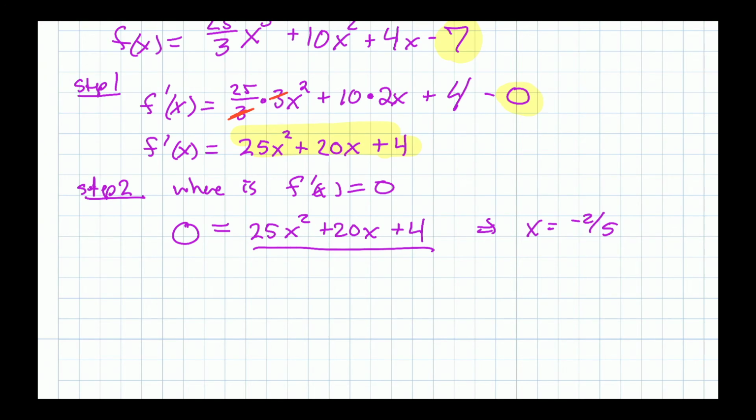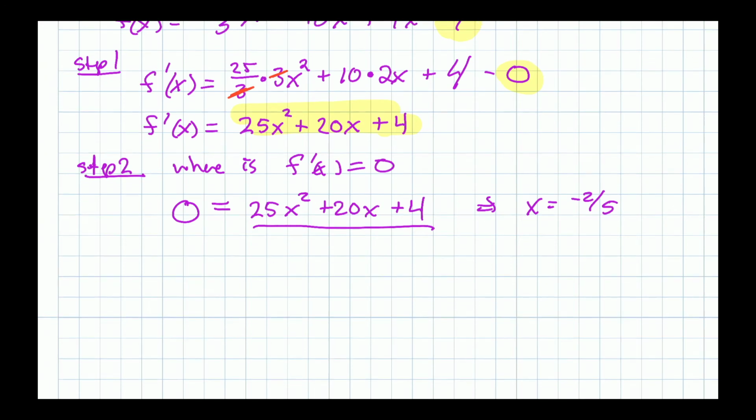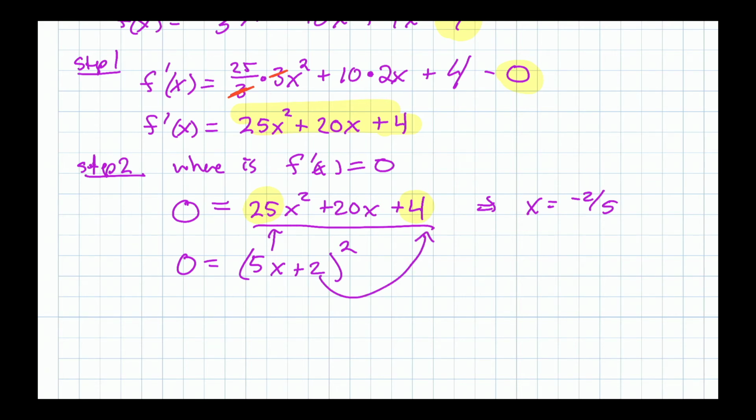So what I should have realized and didn't for some reason is that the number out front here and the number here, they're both perfect squares. If you check that, you'll see that 5x squared is going to give you the 25x squared, and 2 squared will give you the 4.